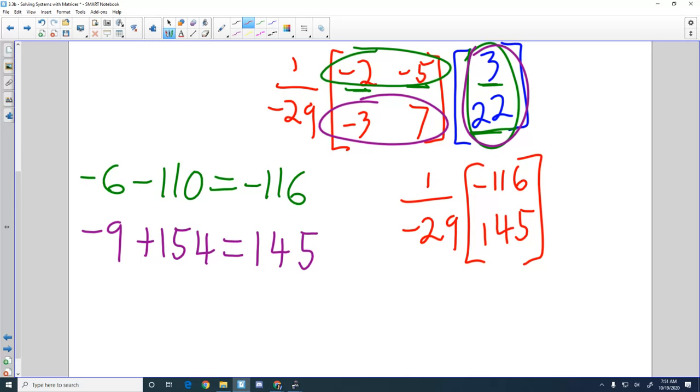Okay, so that's just from multiplying the two matrices together. Then our last step is just take that negative 29, and you're just going to divide negative 29, divide by negative 29. What do we get? 4 and 5. Positive 4, negative 5.